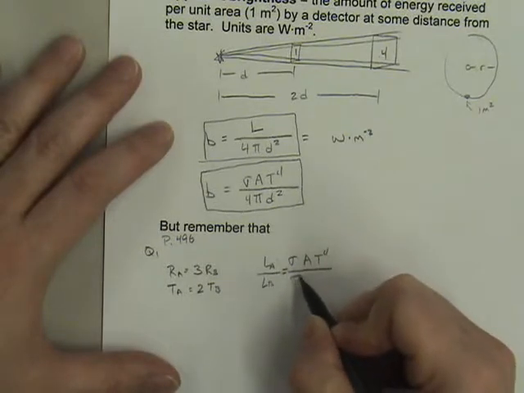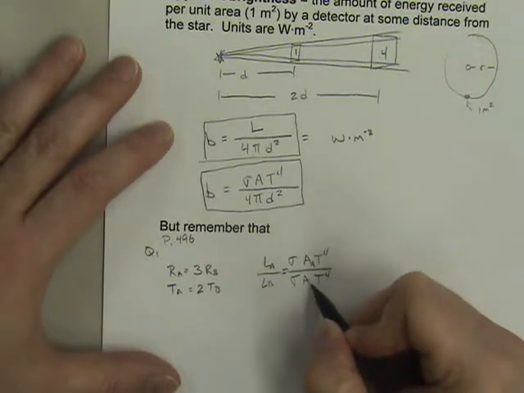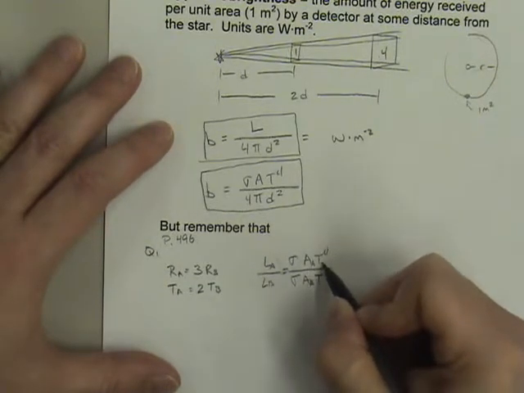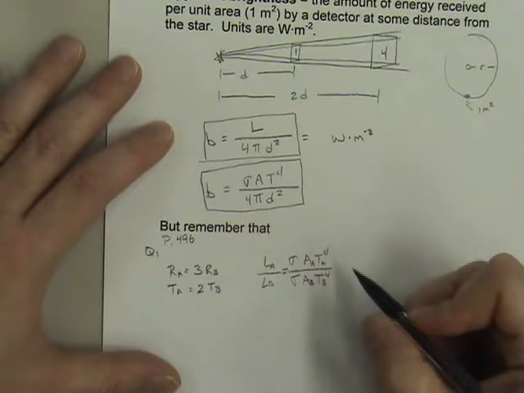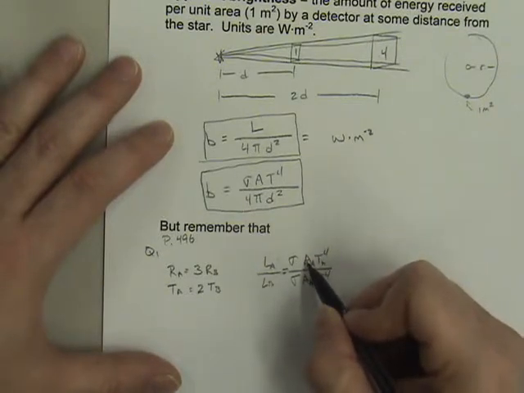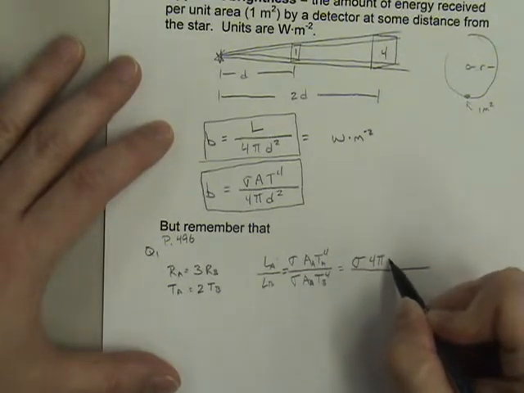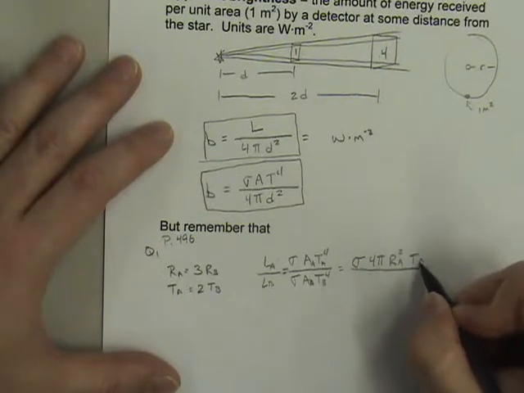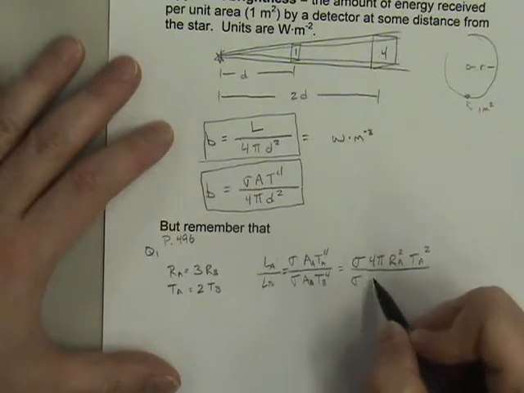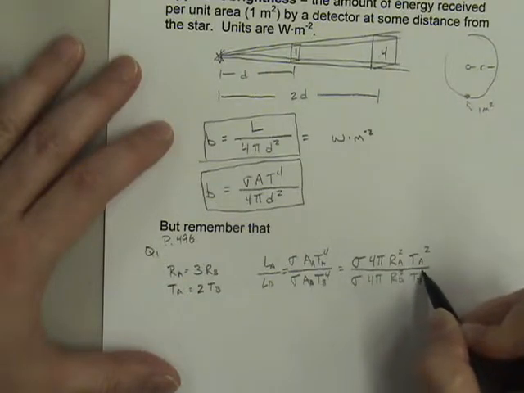Luminosity A over luminosity B would be sigma A T to the 4th, but this would be the area of A and the area of B, and the temperature of A and temperature of B. Now remember, there's a formula for the surface area of a star, and that is sigma 4 pi RA squared times TA to the 4th. Down here I have sigma 4 pi RB squared TB to the 4th.